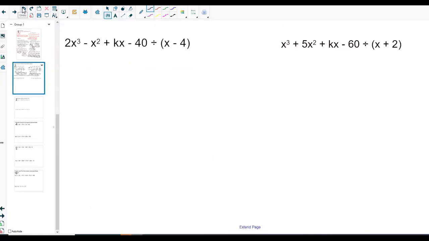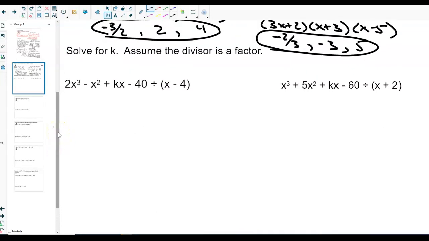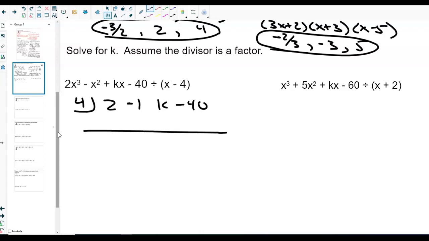Now solving for k, particularly when you're given something as a factor, we're kind of working backwards here. If something is a factor, that means the remainder is 0, and therefore this has to be 40.